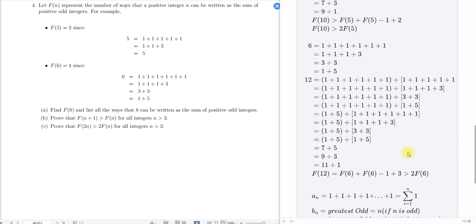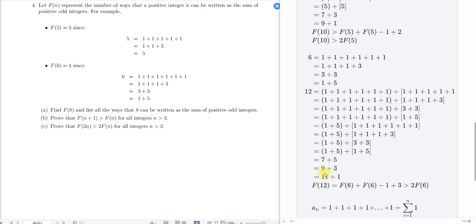But we have 3 more odd integers which are greater than 6 and less than 12. So it's 7, 9, 11. So we have 3 more. So f(12) equals f(6) here, f(6) here, and we minus 1 overlap, and plus 3 more.